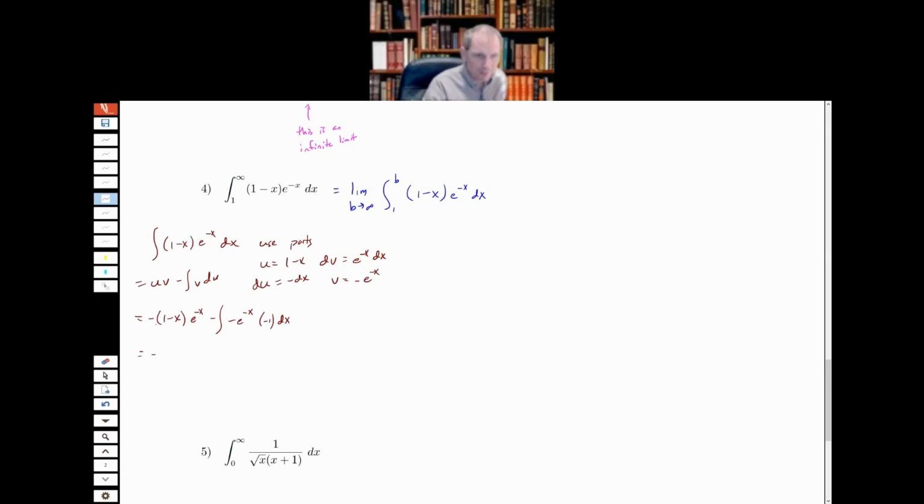So I have negative 1 minus x e to the negative x minus the integral of positive e to the negative x. And when I integrate that, the integral of e to the negative x is negative e to the negative x, right, plus c.